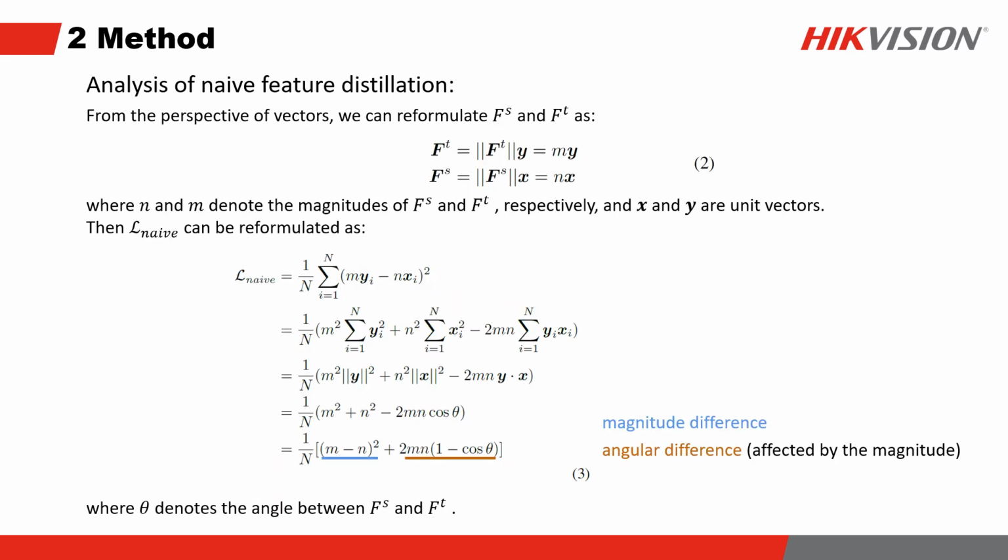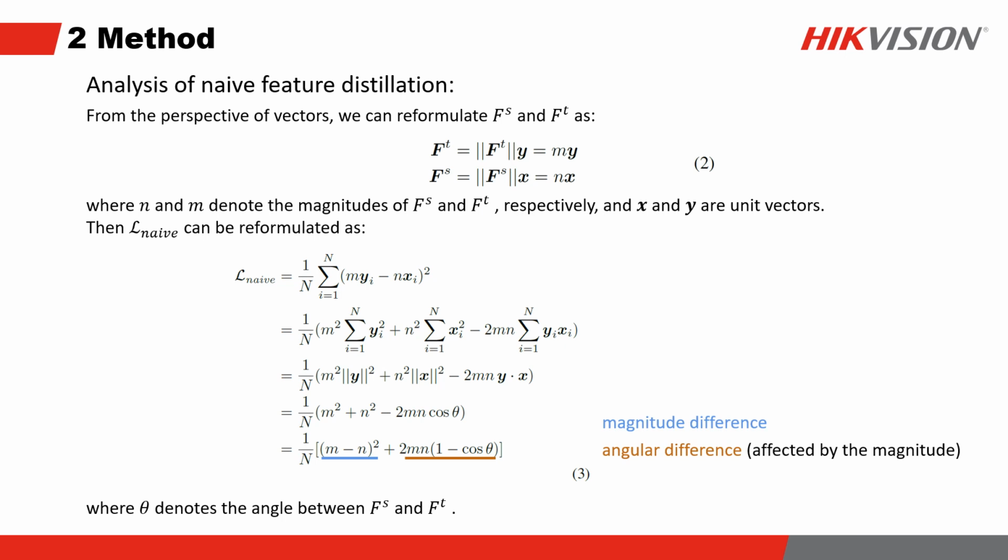To figure out why the naive feature distillation is sensitive to the loss weight, we start by analyzing its loss function. From the perspective of vectors, we can reformulate Fs and Ft as in equation 2. N and M denote the magnitudes of Fs and Ft, and x and y are unit vectors.